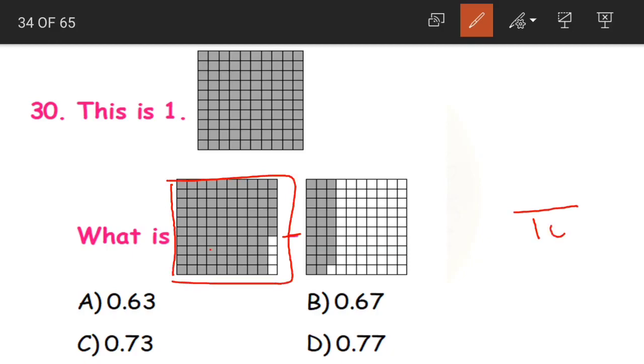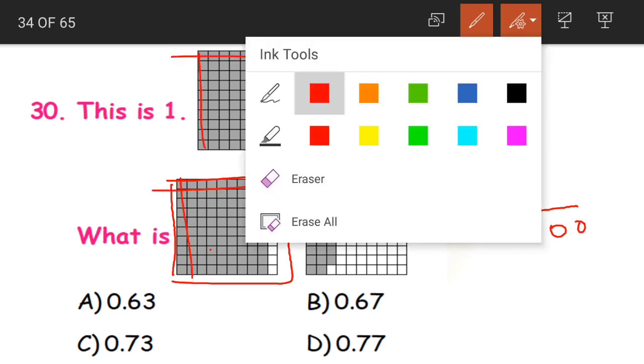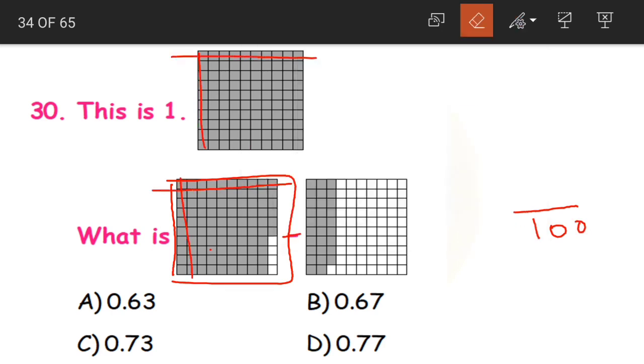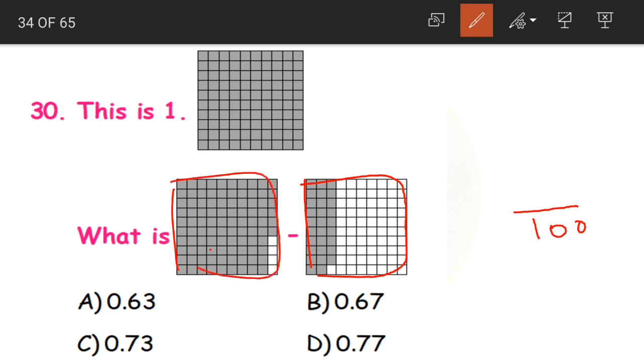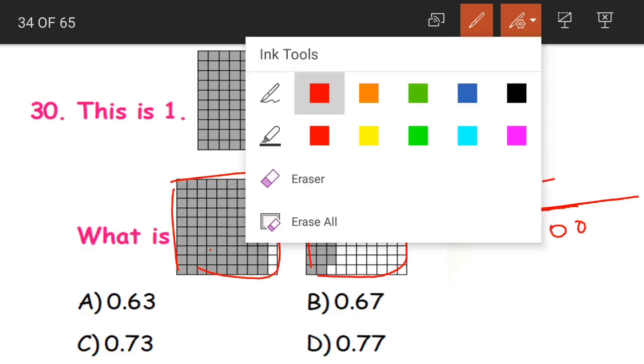We are having 100 blocks. We are having 10 rows into 10 columns in the figure. So that is why 100 blocks are there in the given figure. The denominator becomes 100. Both are the same figures, right, children? Yes. So both will have the common denominator 100. So I can simply take 100 as the denominator.